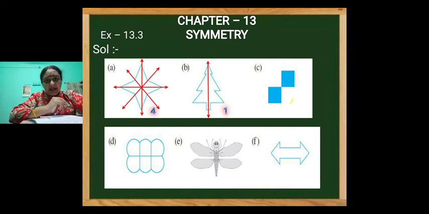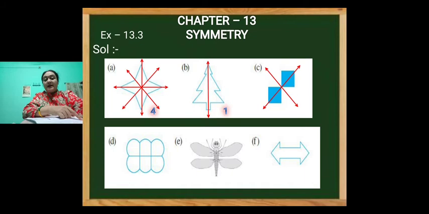I don't have any square to overlap on the other. So the only possible lines of symmetry for this figure are L1 and L2, which are diagonal lines of symmetry. So we say two lines of symmetry are there for this figure, C part.